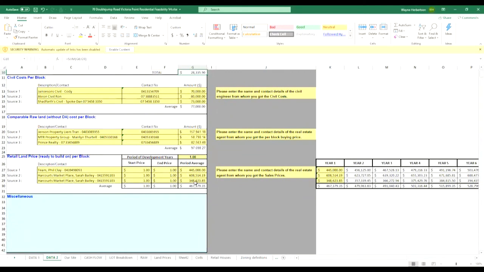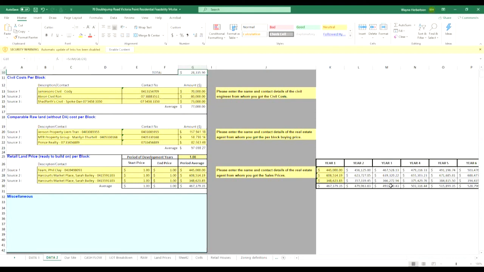Here is what we expect to actually pay for this particular thing, and then we'll age it by years so that we know where we can fit it in. But we're pretty happy with our price at the moment at the 472, because we know in a couple of years' time, if it takes us 2 years to do the DA and we're going to be selling it in year 3, we can get 491.